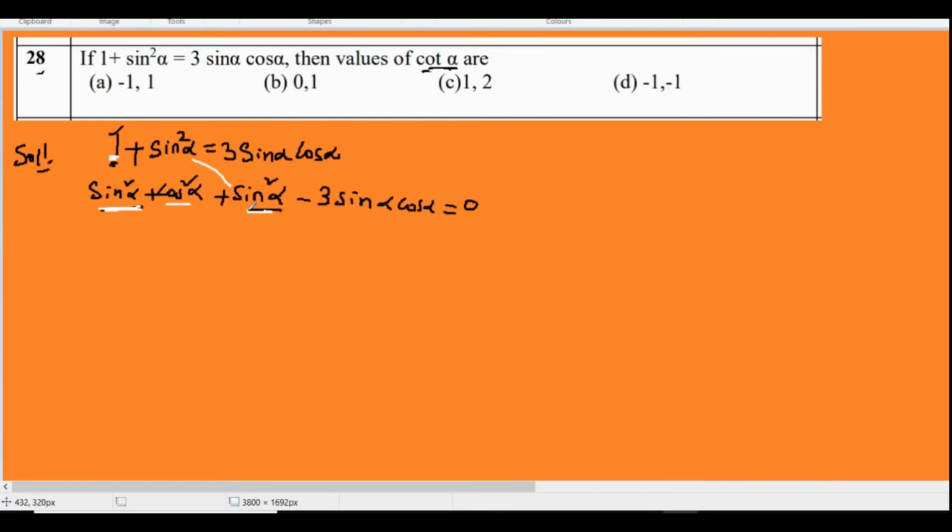So sine square alpha plus sine square alpha will become 2 sine square alpha plus cos square alpha. Other terms I am replacing as they are: minus 3 sine alpha into cos alpha is equal to 0.